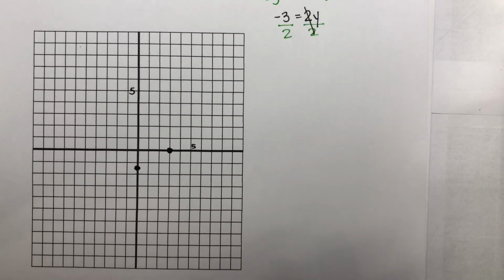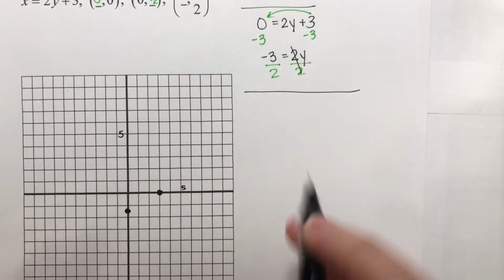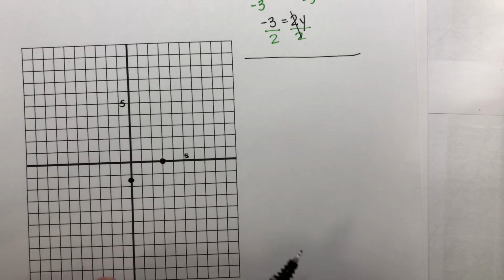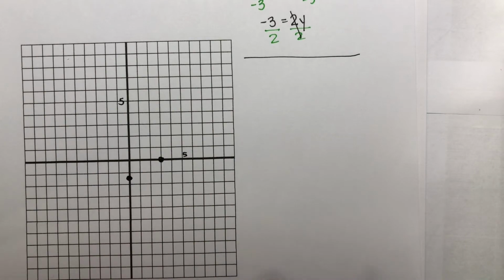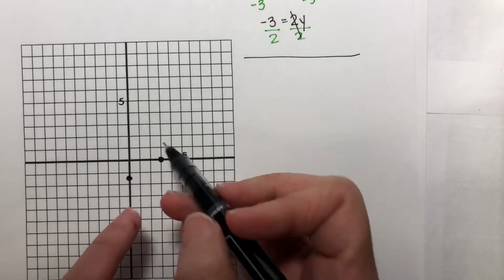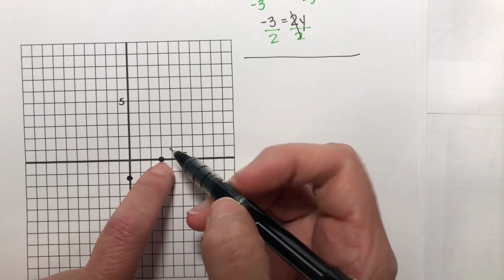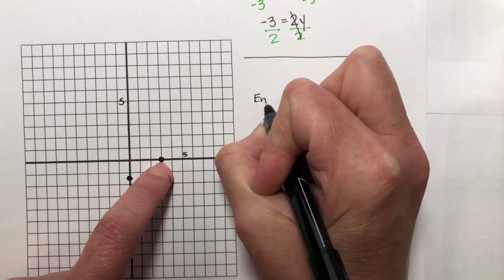Okay, now a quick thing before we go on to do this one. If you're graphing on the computer in MyMathLab, you'll pick the line tool and you just draw a random line. Okay, if you've got fractions and you want to do it, just draw some random line. And then you would click on the points that you drew. I'd click on, say, this one. Then I would have a pop-up that says enter coordinates.